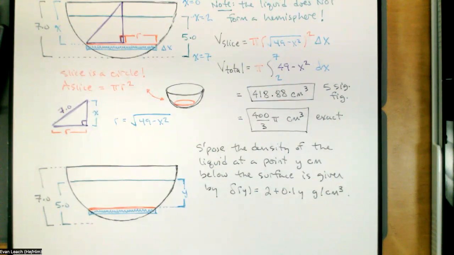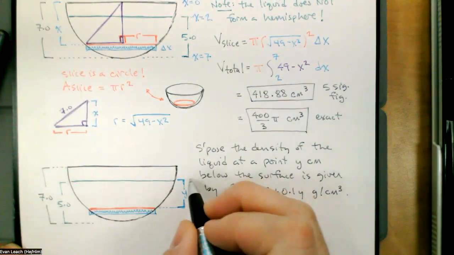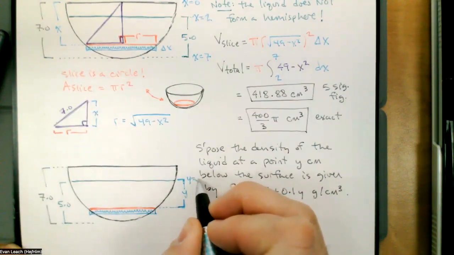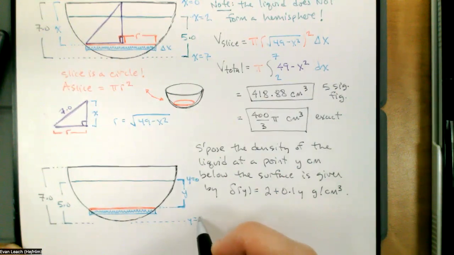So in this problem, the variable y was given to us. We were told to use this variable y. Y is the distance from the surface of the liquid down to the slice. So what that means is that 0 is now at the surface of the liquid. The bottom of the bowl is 5.